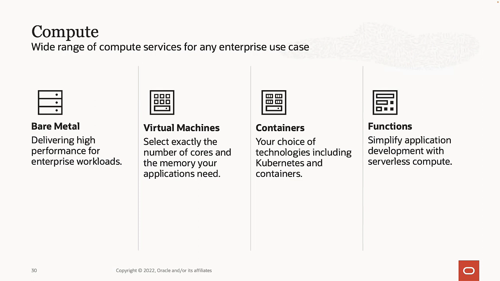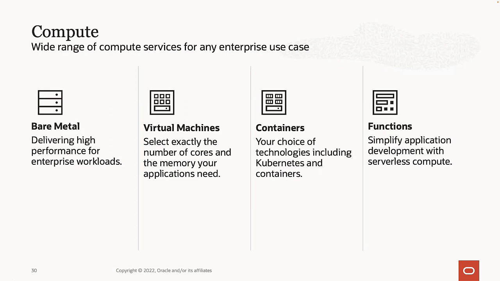Bare metal is a full bare metal server with no noisy neighbors, and it's mainly for your more performance intensive workloads, or if you do not need a hypervisor, or if you want to bring a specific hypervisor, whereas the virtual machine is going to use the hypervisor to virtualize that underlying bare metal server into these smaller VMs that you can run. So you're going to have a lot of flexibility in shape and image, and you can do smaller sizing with that. Then you have containers and functions, each having their own benefits.